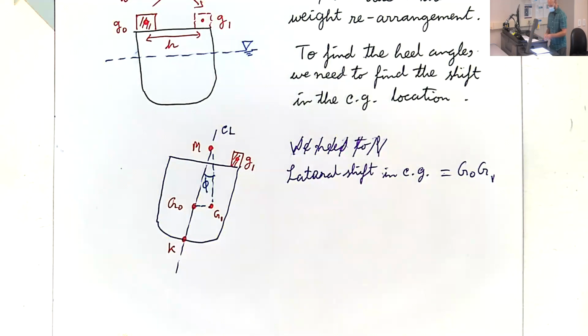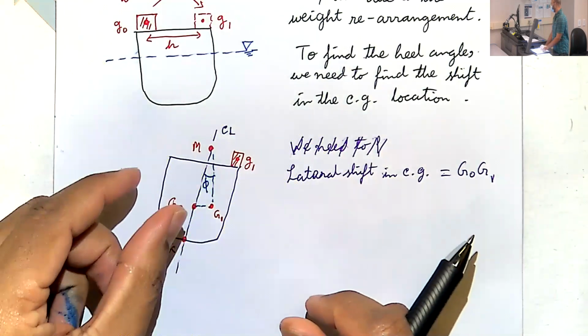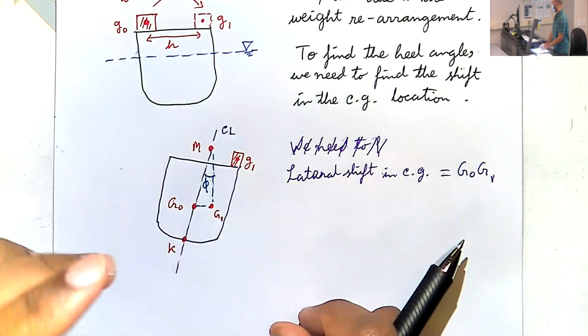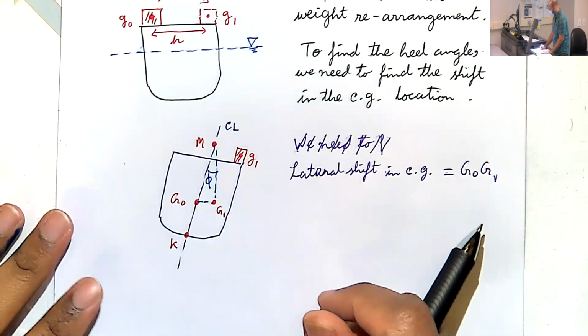Okay, and we already have done this many times, combined two different objects, combined center of mass, combined centroid. We do the same thing again.